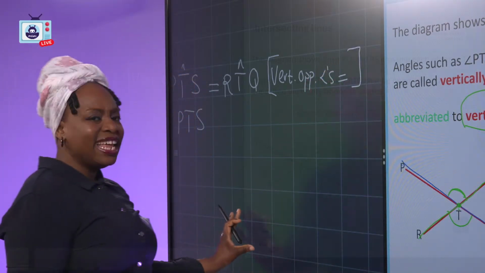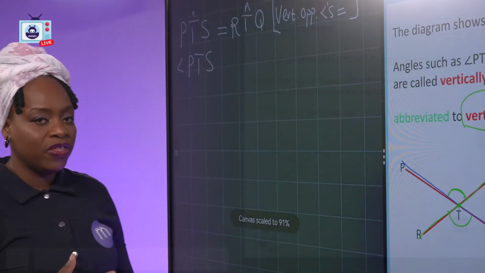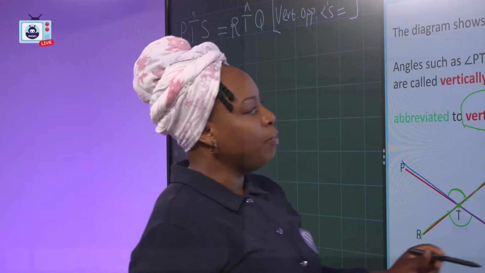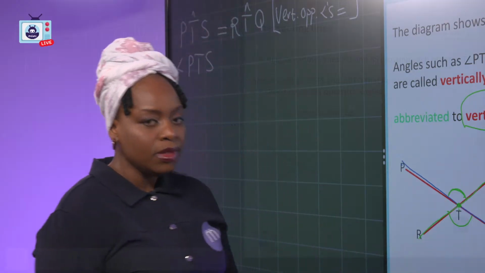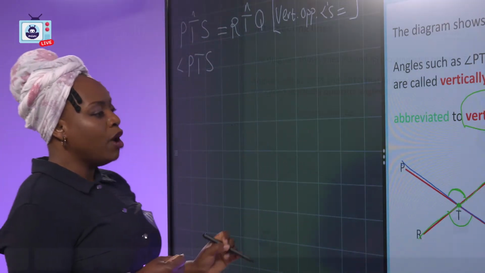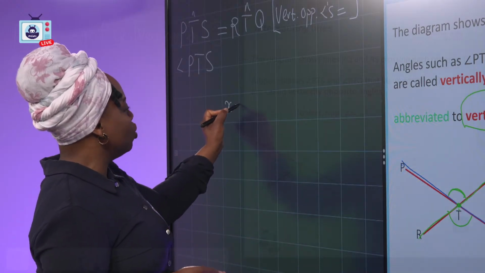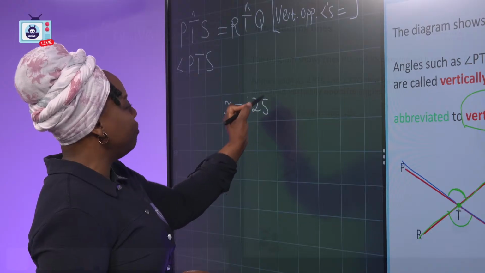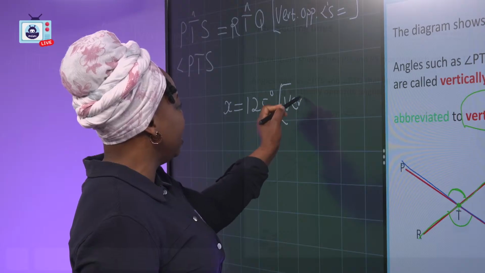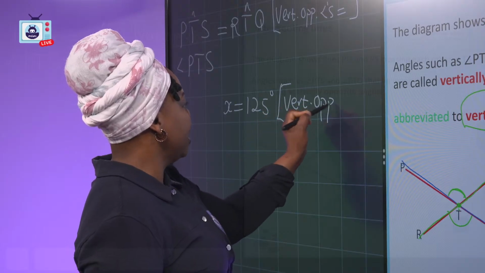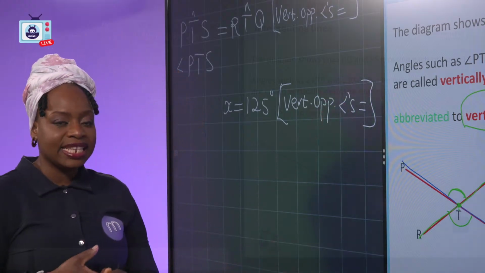So that is what I am going to write as my reasoning to say that those two are equal. Let us do a little activity for us to see this with vertical opposite angles. Suppose the question comes and says to us, let's find the value of X on that other side. So for us to find the value of X, we're going to say angle X is actually 125 degrees, and Y, so we're just going to tell them that these are vertical opposite angles, because we know that vertical opposite angles are equal.